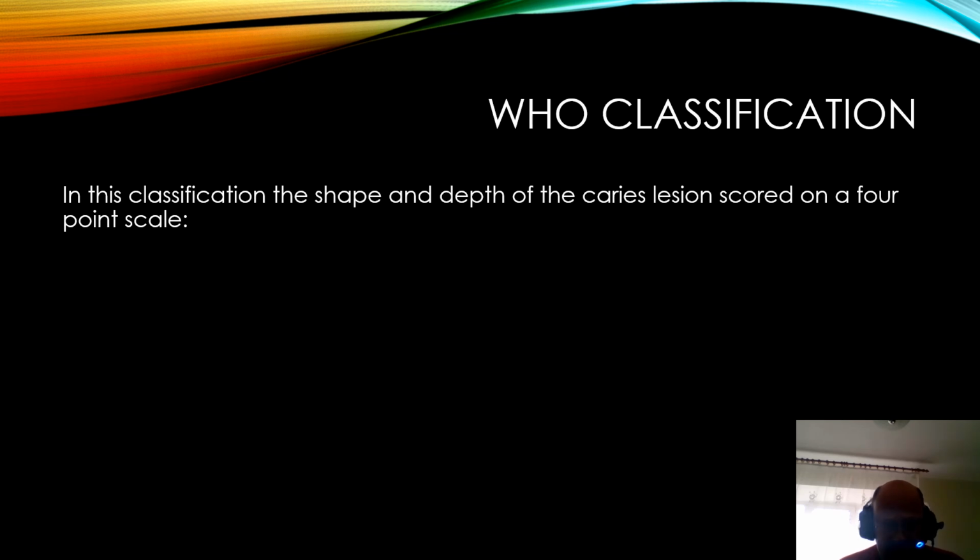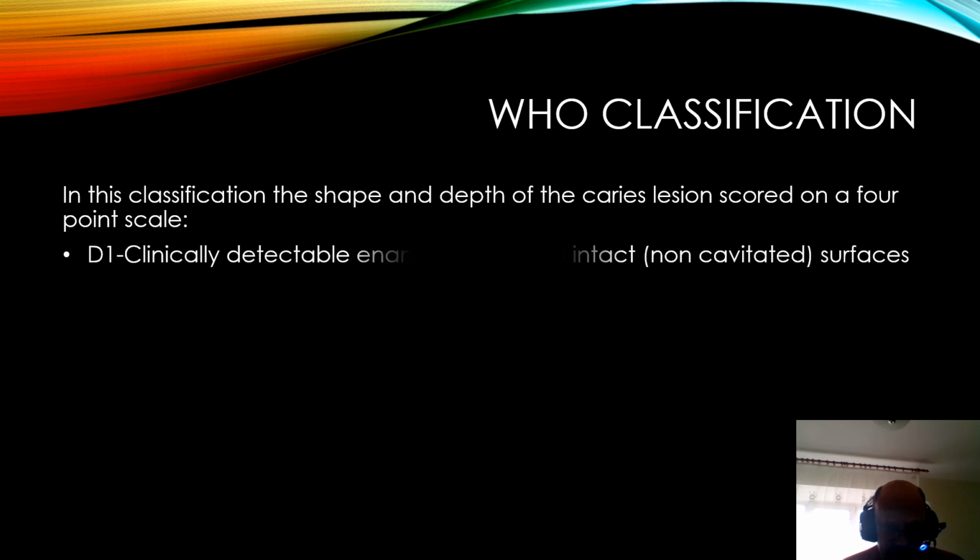And I would like to mention the World Health Organization classification of caries. In this classification, the shape and depth of the caries lesion are scored on a 4-point scale. D1, clinically detectable enamel lesions with intact or non-cavitated surfaces.